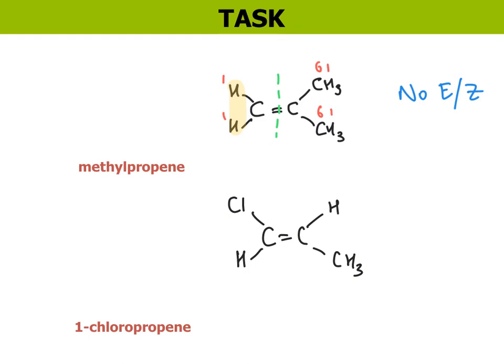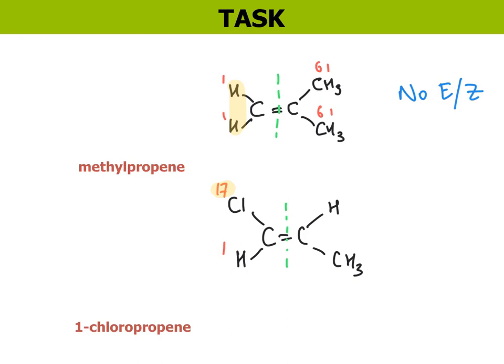Let's draw our dotted line and assign our priority. The atomic number of chlorine is 17, for hydrogen it's 1. So clearly 17 is greater than 1, so chlorine is high priority.